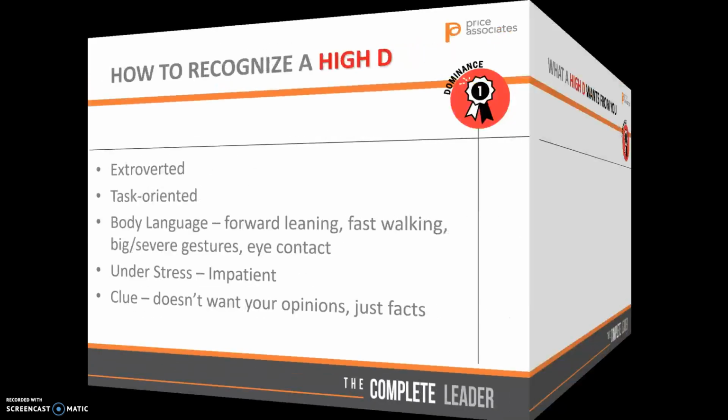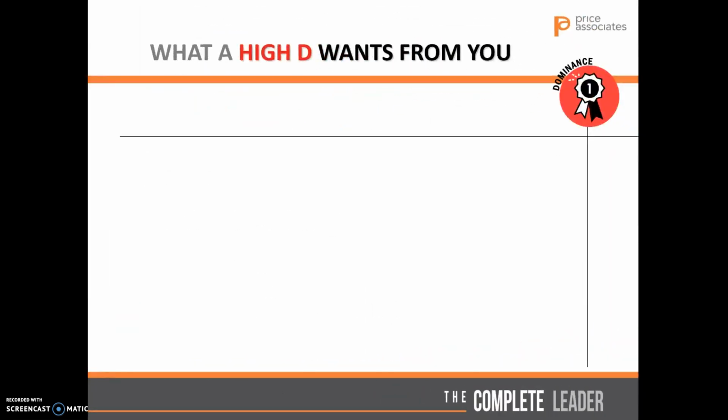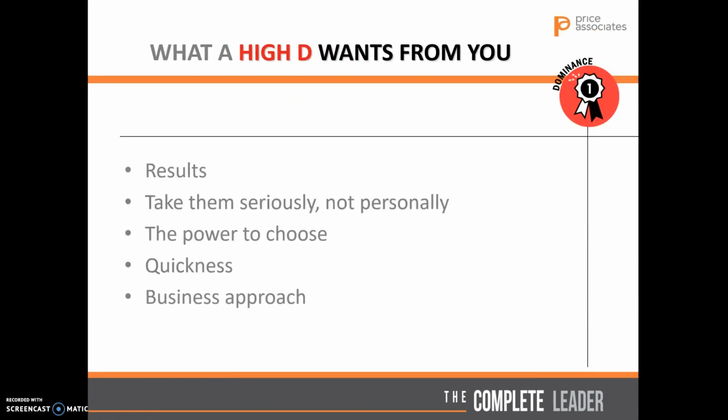So those are a few ways to recognize whether or not you're dealing with a high D. If you are dealing with a high D, here's what they would want to see from you when you're having a conversation. Like we said, they want to see results. They like ROI, return on investment. They want to be taken seriously, and you need to take them seriously. For a lot of high Ds, it isn't even a personal thing. They're just focused on getting things done.